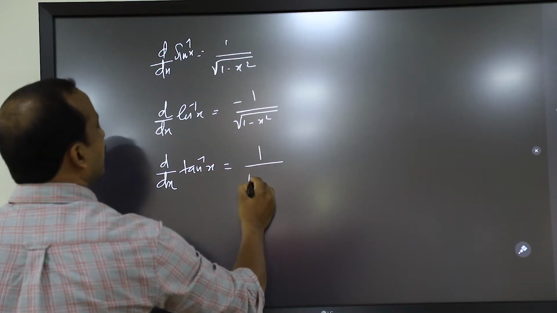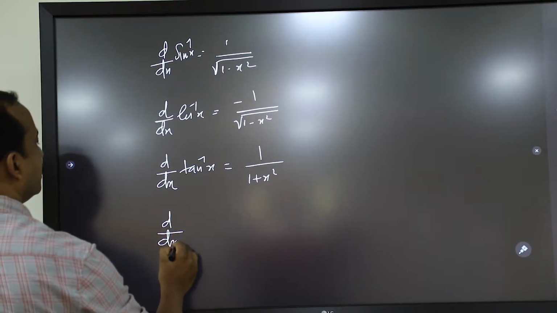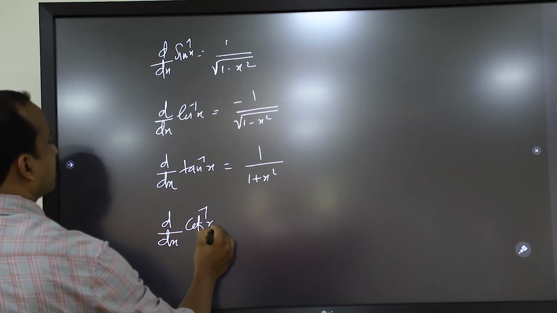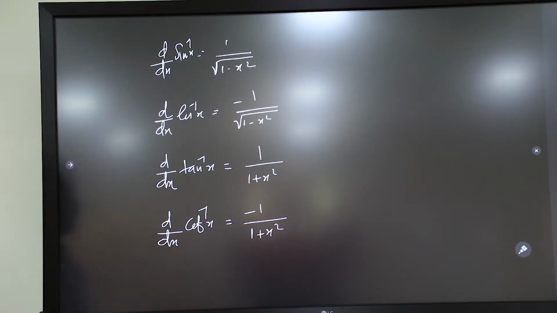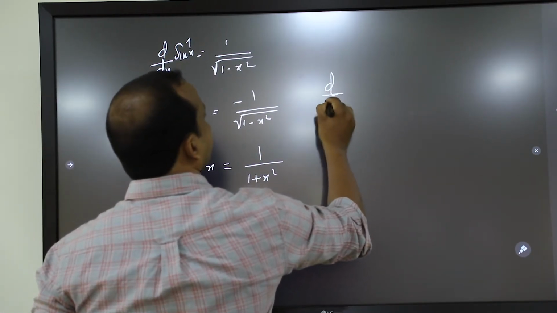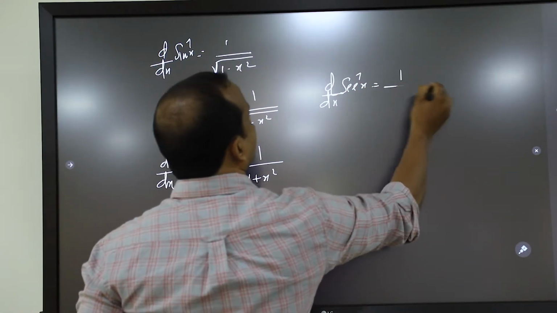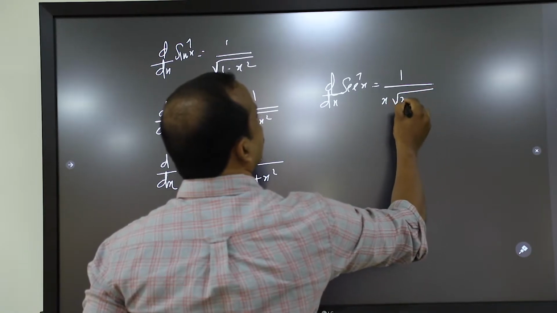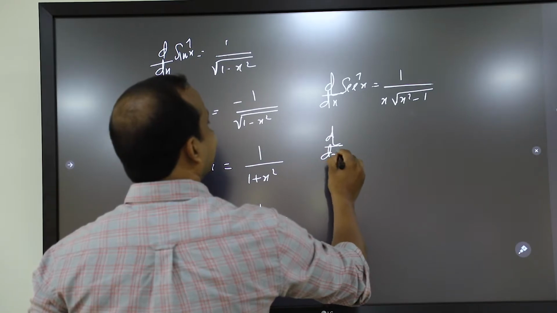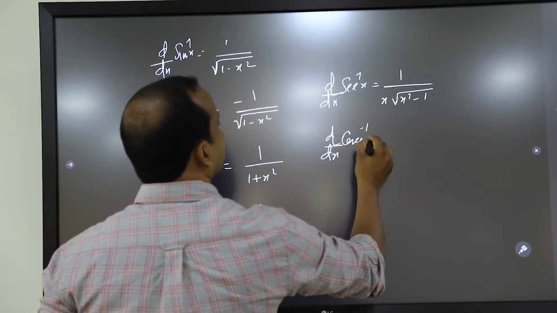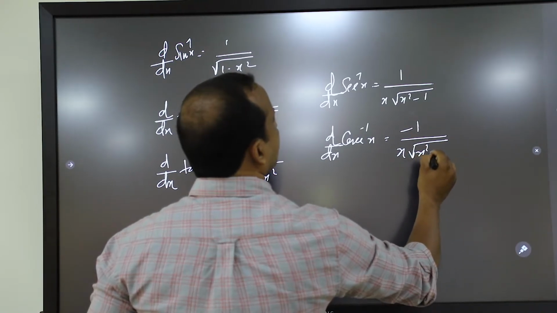Answer is 1 by 1 plus x square, and derivative of cot inverse x, answer becomes minus 1 by 1 plus x square. The derivative of sec inverse x is 1 by x into square root of x square minus 1, and derivative of cosec inverse x, answer is minus 1 by x into root of x square minus 1.